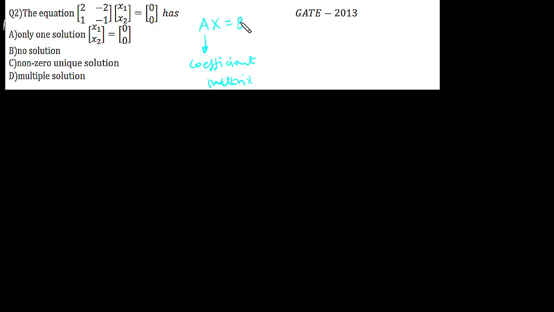B is again a vector, and the value of B here is 0, 0. In other words, B is a zero vector.